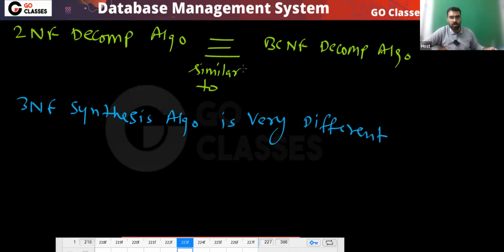In these two, you only focus on the violation. You can always find some dependency preserving, lossless 2NF decomposition.